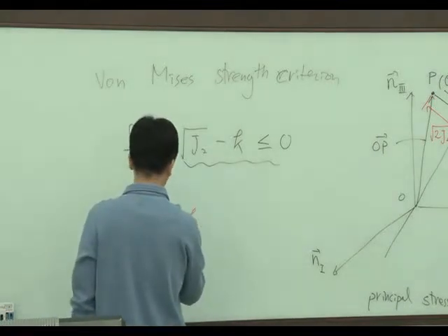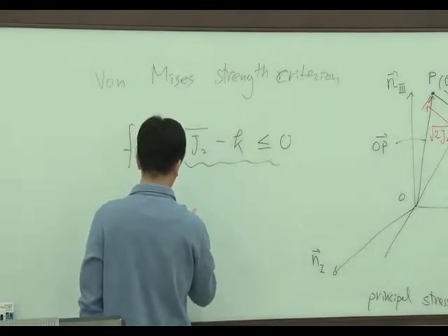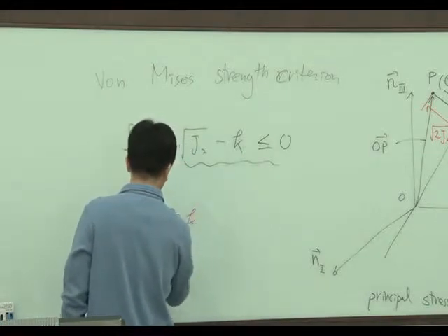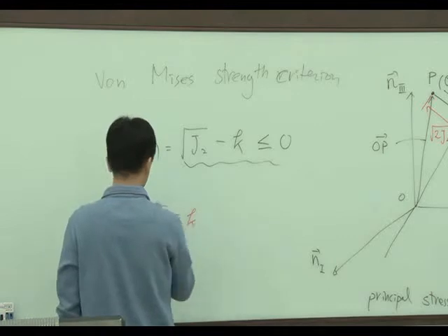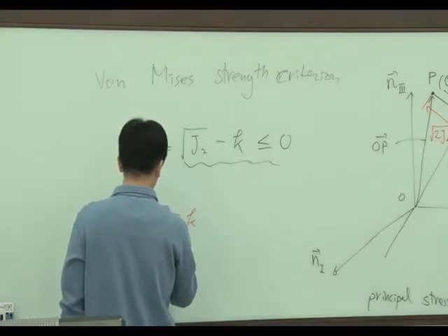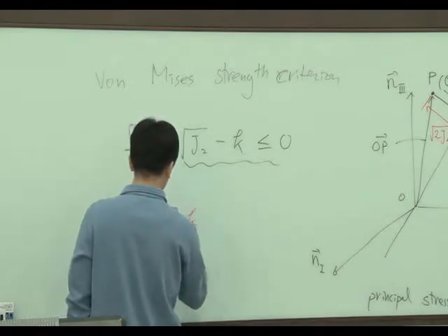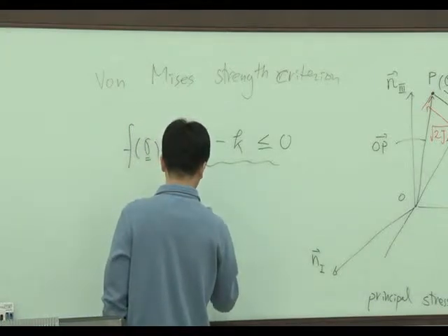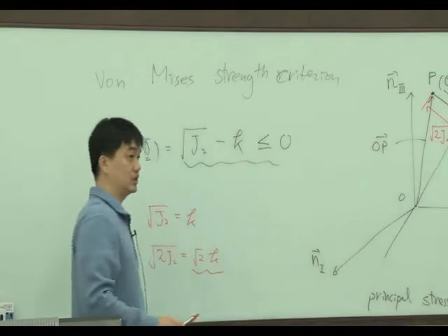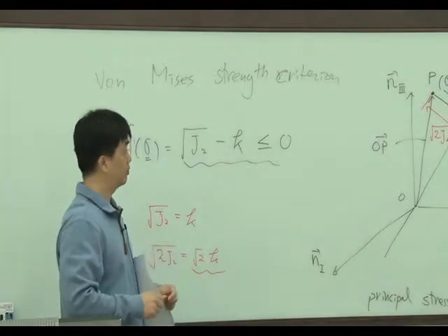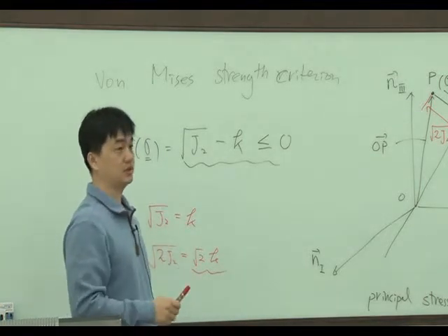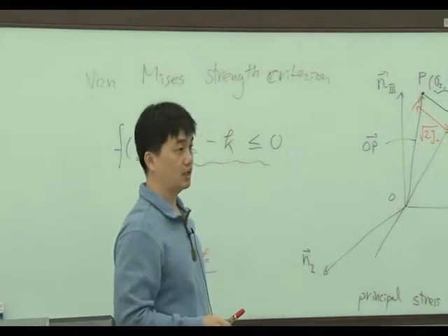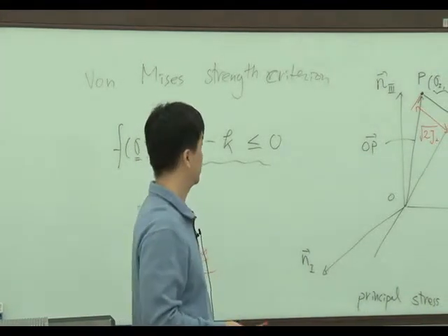So square root of 2J2 equals root 2K, right? When the distance from the hydrostatic axis is bigger than root 2K, the material fails.